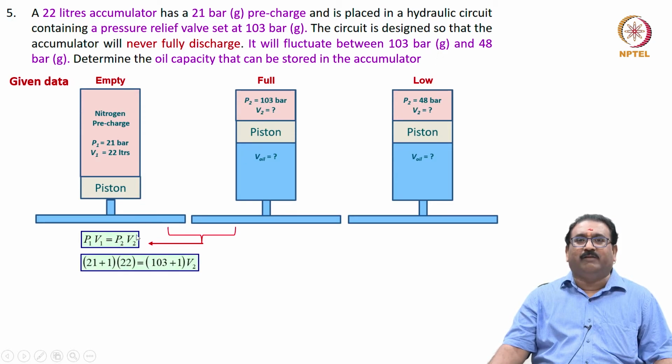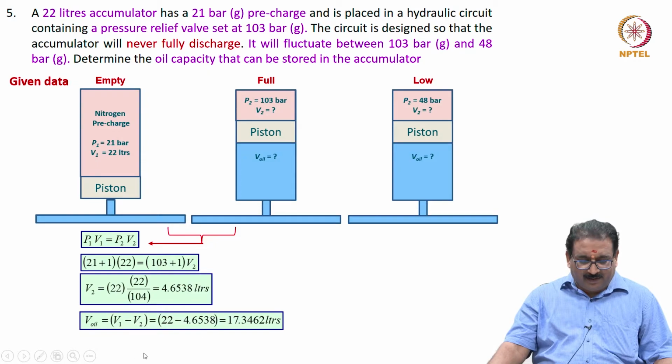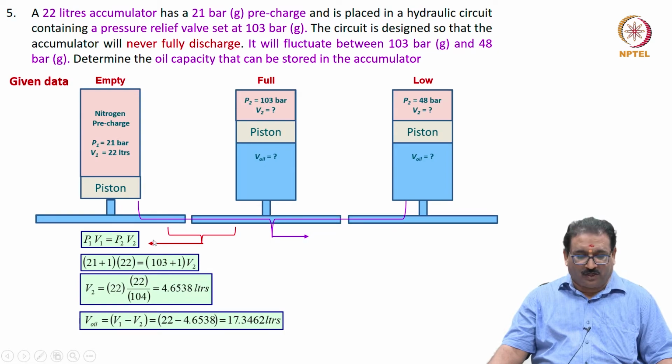Substitute all the values, but please take care, friends, all the values are in absolute terms. That is why I am adding the 1 bar here. Then we determine V2; here I am getting 4.6538 liters. Then V1 minus V2 will give you the V oil, it is 17.3462 liters.